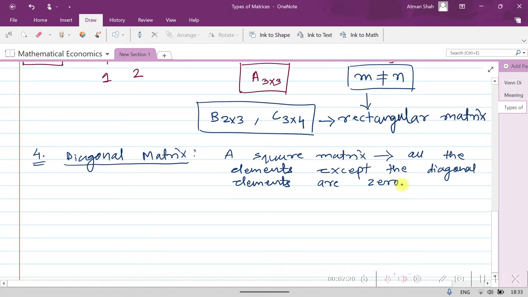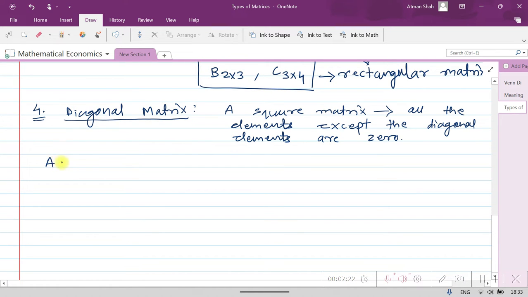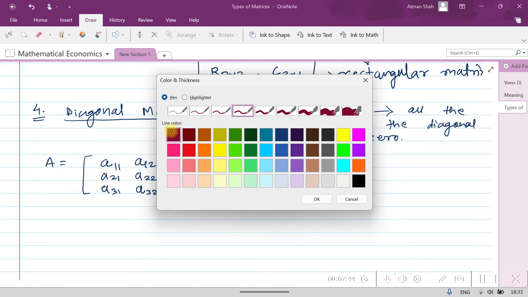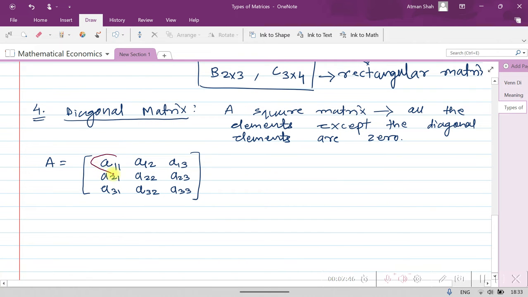Now what do we mean by diagonal elements? So suppose A is equal to A11, A12, A13, A21, A22, A23, A31, A32 and A33. So these are our diagonal elements, and in diagonal elements you can see i is equal to j.